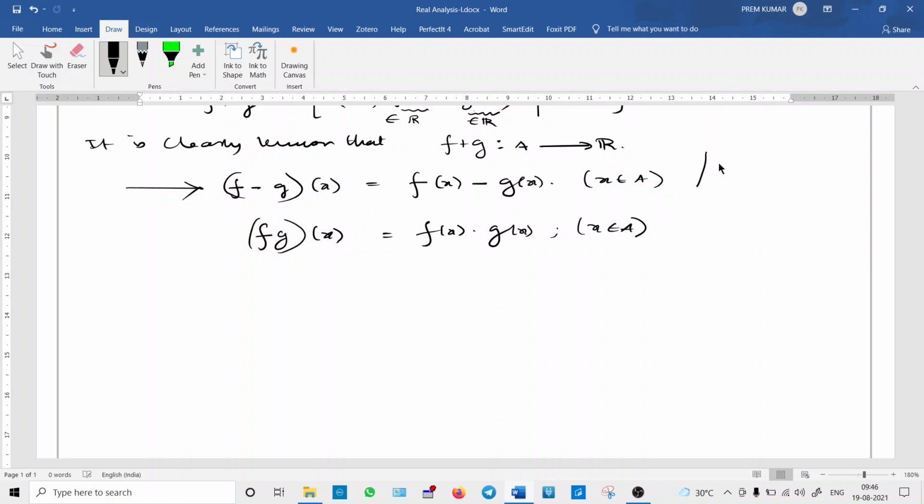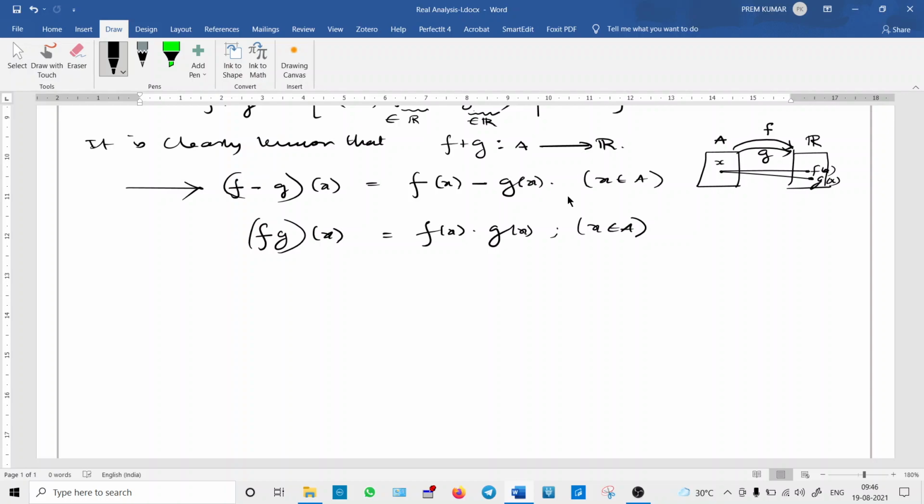See here, for both f and g, the domain is A and the codomain is the set of all real numbers. That's why they call them real valued functions. Both f and g are functions from A to R. So if I say one point is here, x, this x is mapped to some point f of x in R. And g maps the same x to maybe some point like here, g of x.